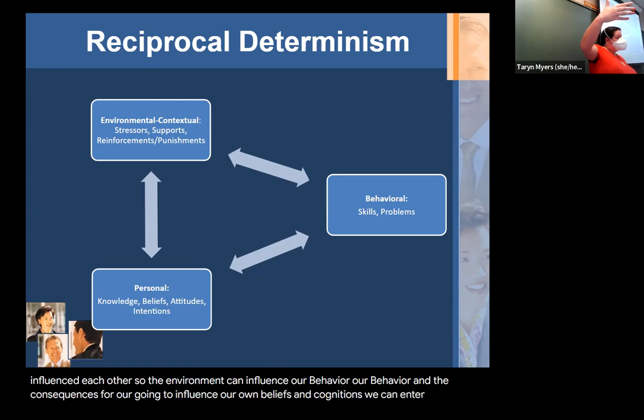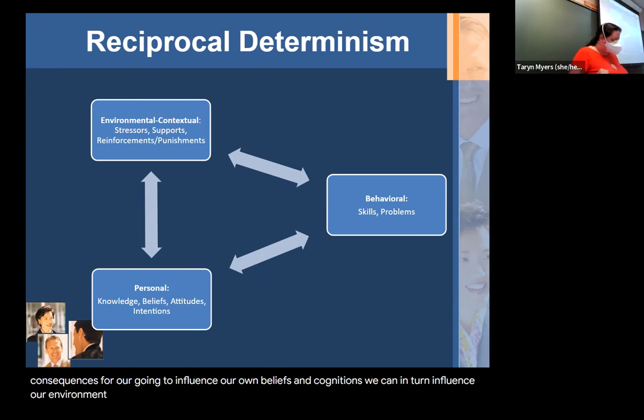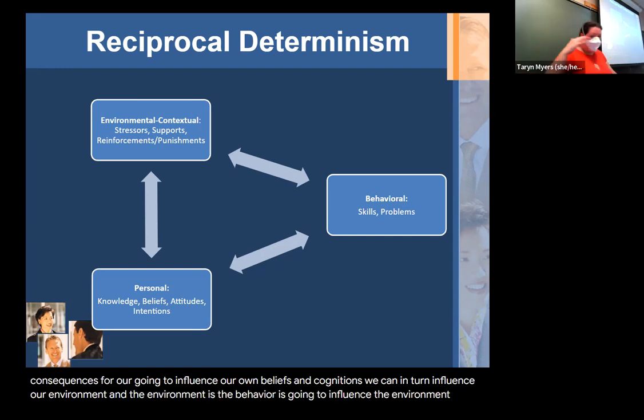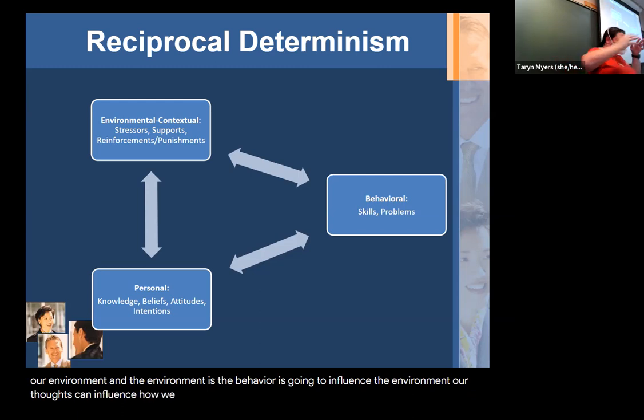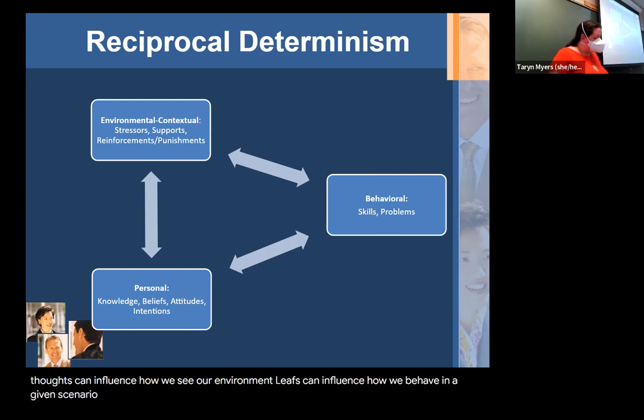We can in turn influence our environment. Our thoughts can influence how we see our environment. Our beliefs can influence how we behave in a given scenario. And so it all reconnects in this way.